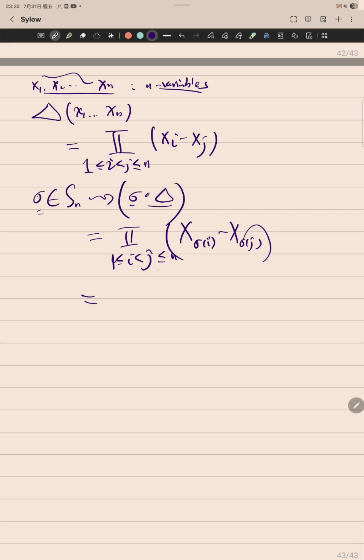The non-trivial thing is to prove that if you do this permutation, then this will be exactly the same as the original one, but with some plus or minus sign. So you get some plus or minus of the original, and one can use the sign of sigma.